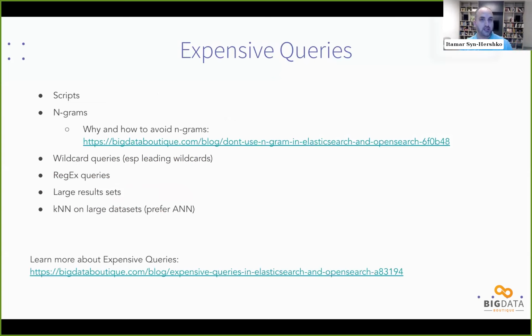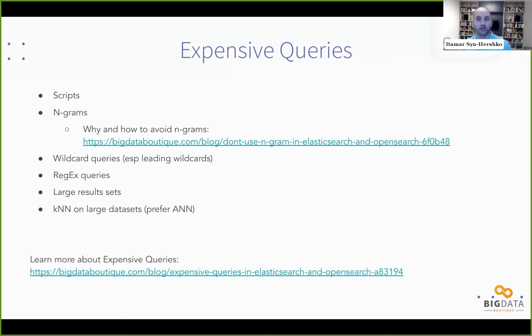Another thing to note is that many queries are considered by OpenSearch as expensive queries. Expensive queries is a full category of many types of queries. Even if a query is not going to get cached, some queries can run faster, and there's no reason to run them in a slower way. I mentioned scripts.